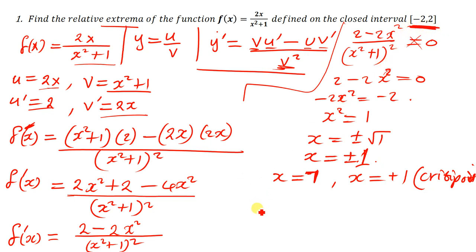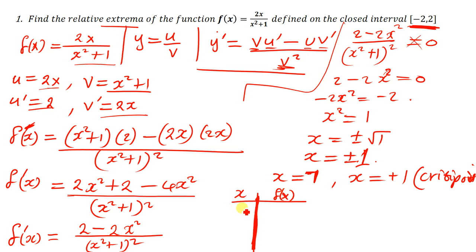So what I'm going to do is write a simple data table here. On this side I'm going to put the values of x, then this side I'll put the values of f of x, which is just the same as the values of y.